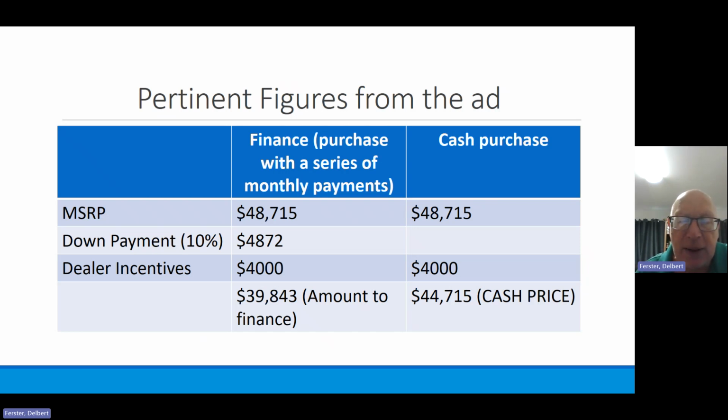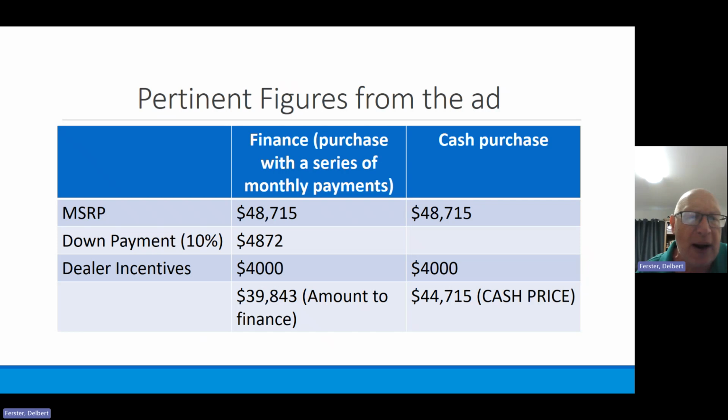If we're going to finance, we're looking at a 10% down payment. That's $4,872. The dealer is giving us $4,000 in incentives to try to move this vehicle sale along, a little stimulus package for us.